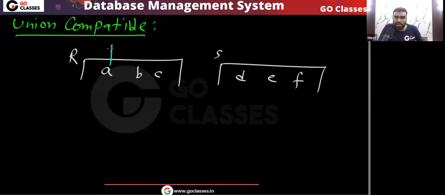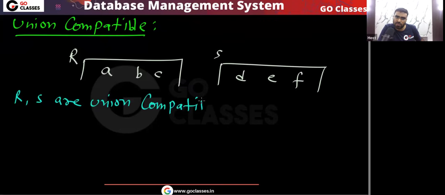Also the domains must be the same. R and S are union compatible under these conditions. The first condition: the number of attributes must be the same. 3 attributes, so 3 attributes. Is this clear?